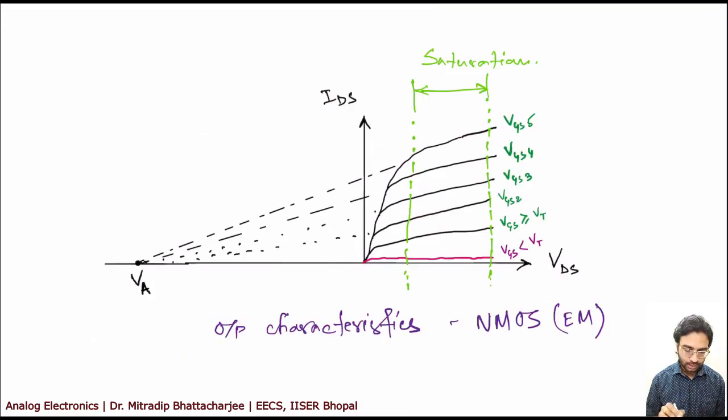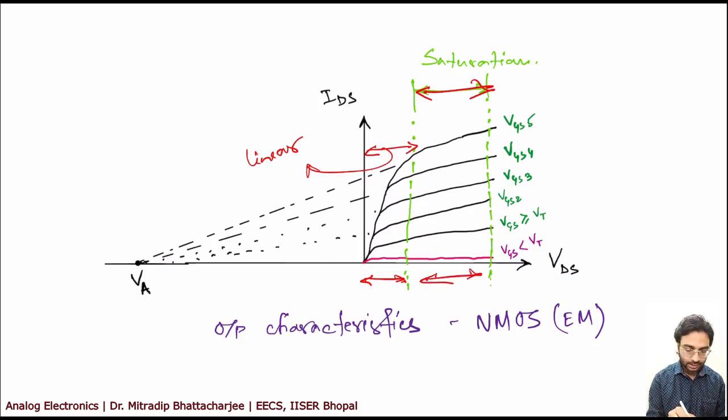Now this is the output characteristics, where this region is known as the linear region, and this is the saturation region. However, in BJT, the major difference is that this part is called saturation because in this area, in case of BJT, both the junctions are forward biased, but in this case this part is known as saturation.